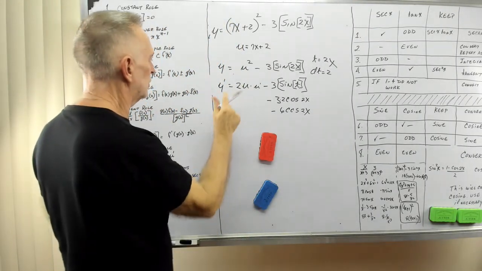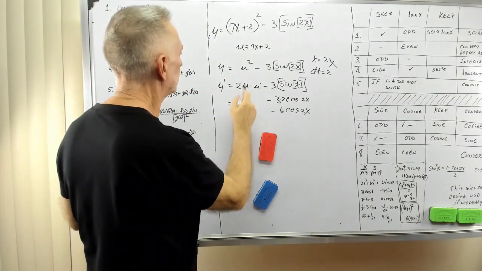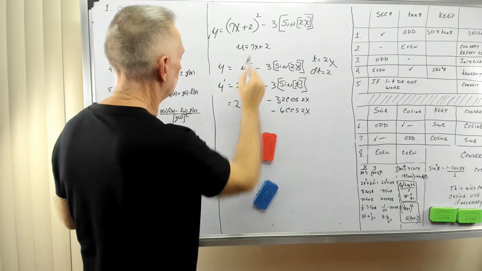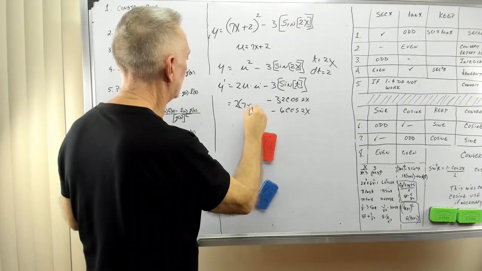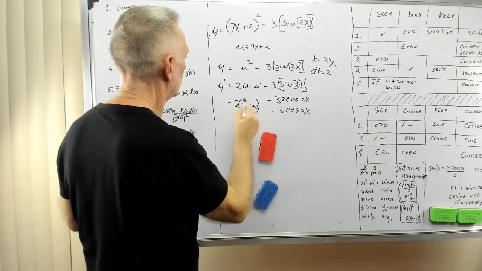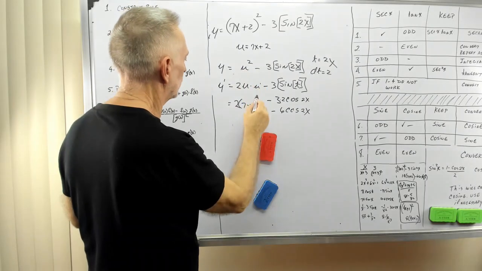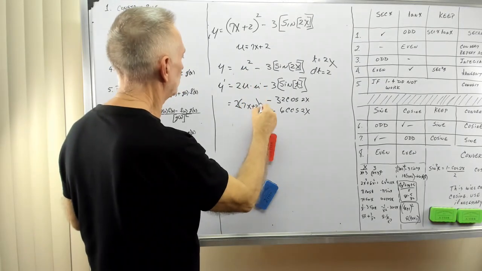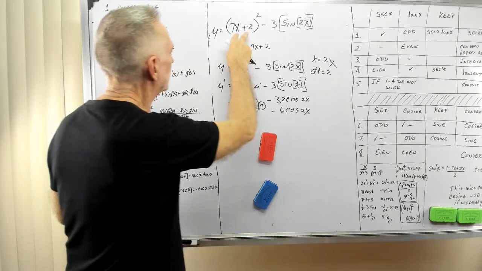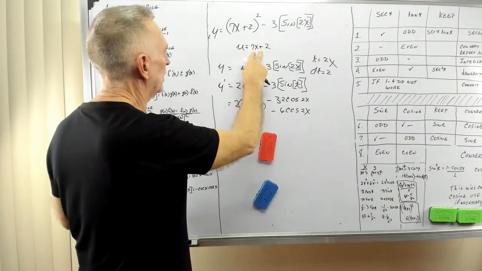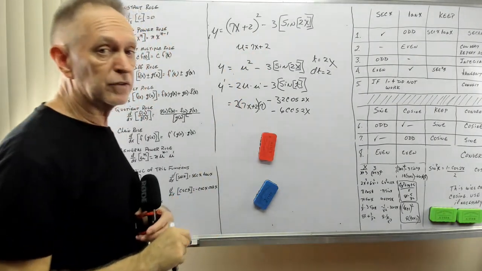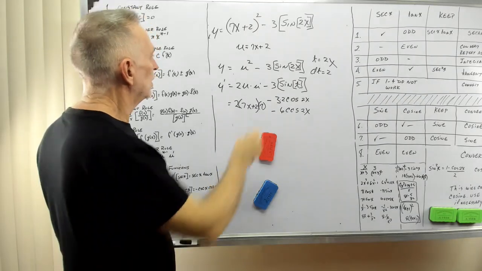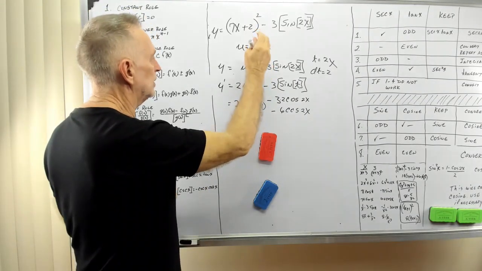What about the other side? That equals 2 times u. u was 7x plus 2 to the first power, times u prime, which was 7. I take the derivative of what's on the inside. Derivative of 7x is 7. Derivative of a constant is 0.